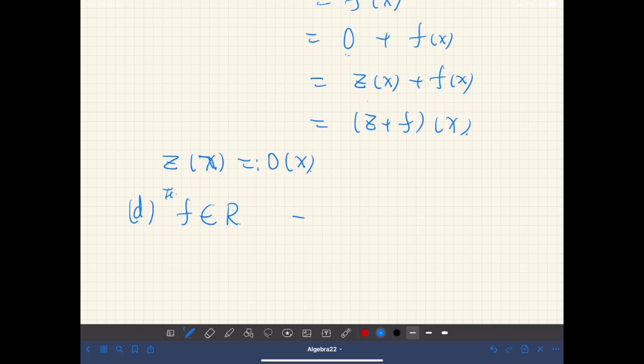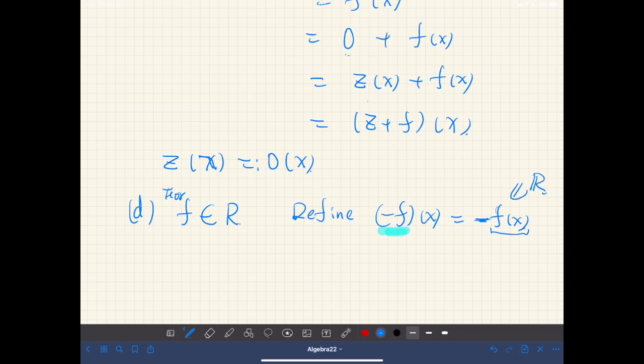So for this function, define negative f of x by negative f of x. So here, on the left hand side, we are defining a new function called negative f. On the right hand side, this is just a real number. Okay, so f of x is a real number, and multiply that number by negative 1, and we get negative f of x. So this is just a real number.